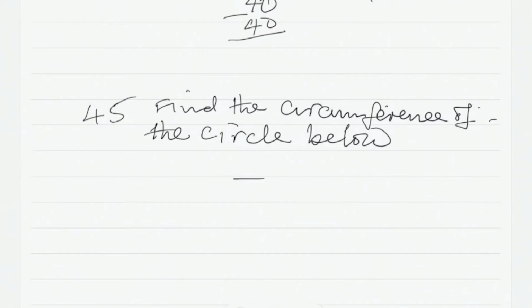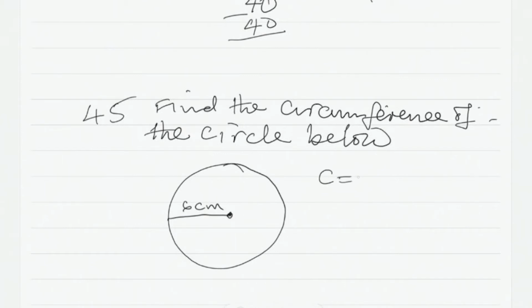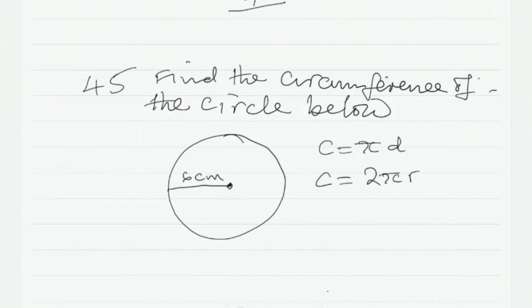If the circle is like that, then they have given us the radius. We have two formulas that we use to find the circumference. So we say C equals pi d, or C equals 2 pi r.